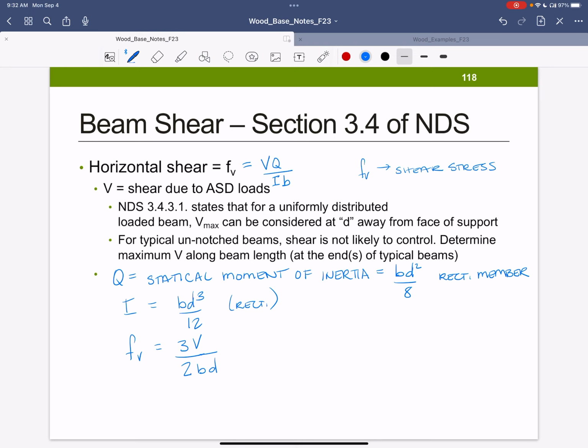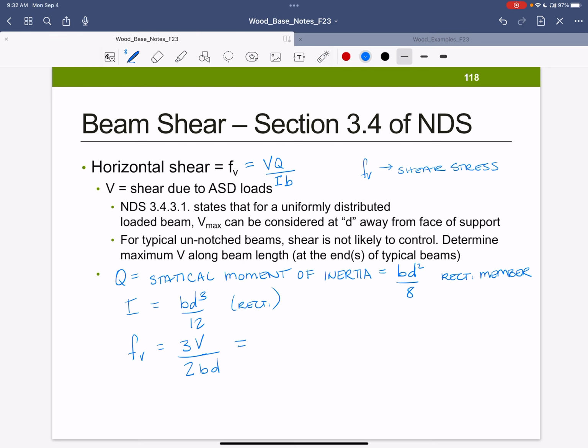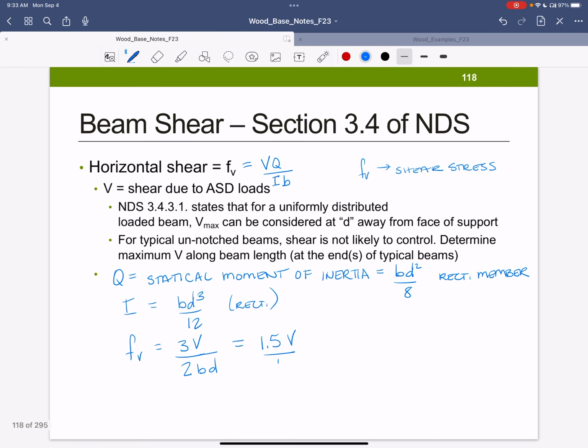All right, so we go ahead and simplify based on Q also being related to b and d, so we can get a final equation that is essentially 1.5 V, so 150% of the shear over the cross-sectional area, or 1.5 V over A. All right, so that simplifies down.